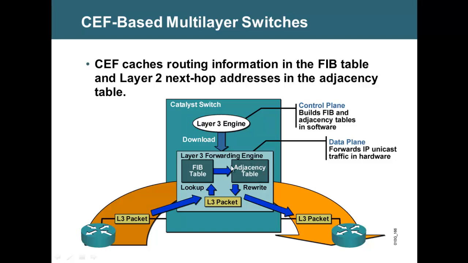It will go to the adjacency table, which has the MAC address information of the exit interface, and redirect like this without going through the control plane, because the control plane information is already downloaded to the data plane level. This makes the forwarding quicker, faster.